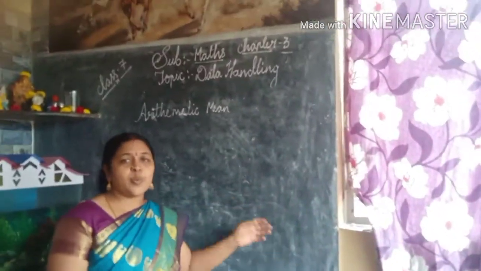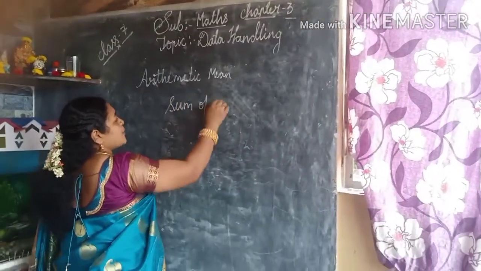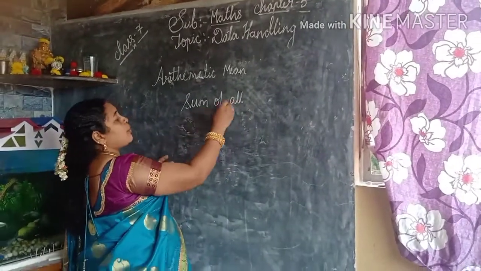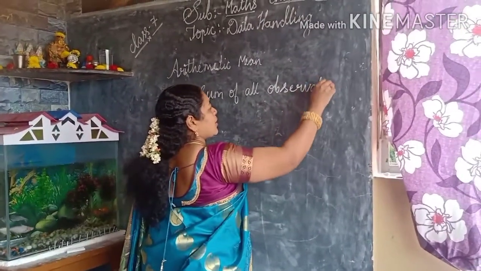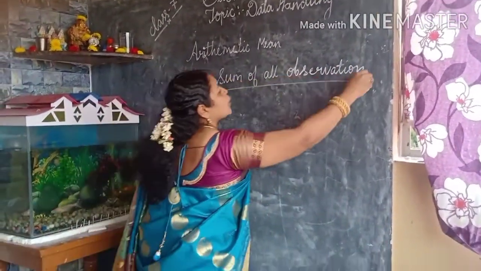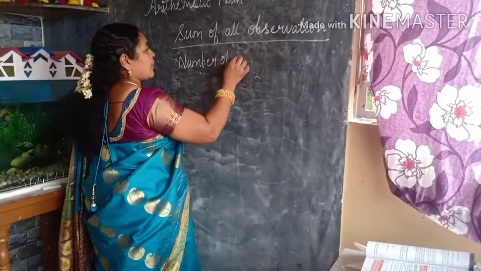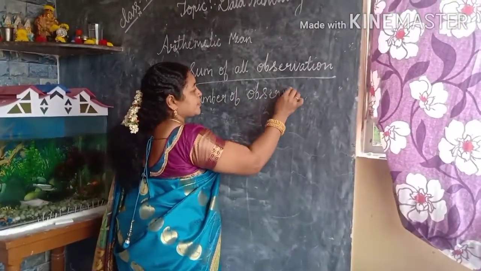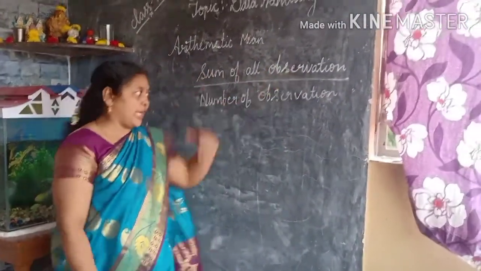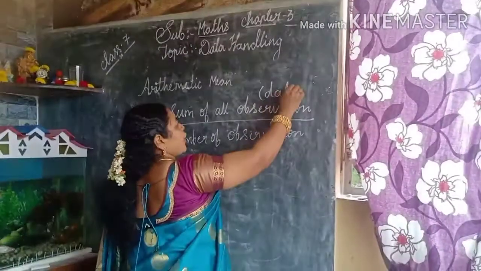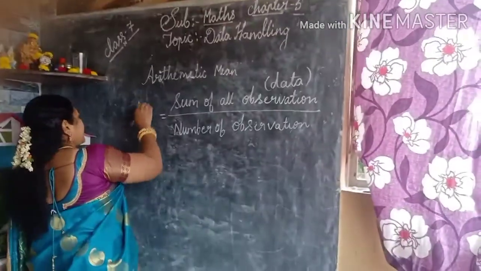So the sum of all the observations, or sum of the data, divided by the total number of data or total number of observations. This is called arithmetic mean.